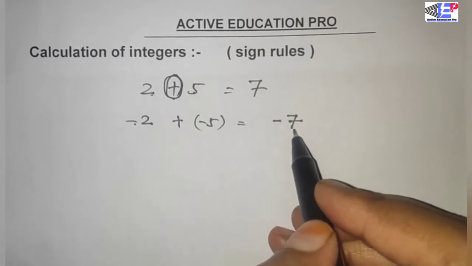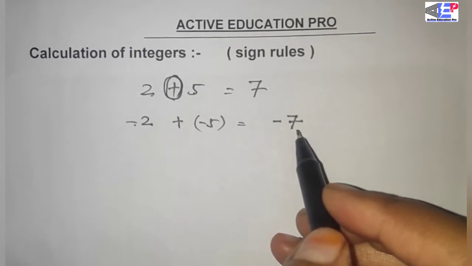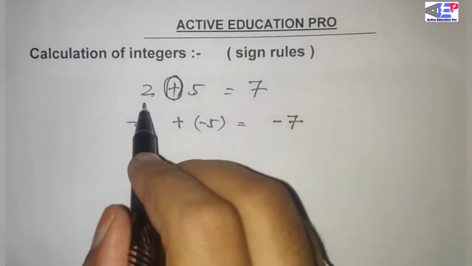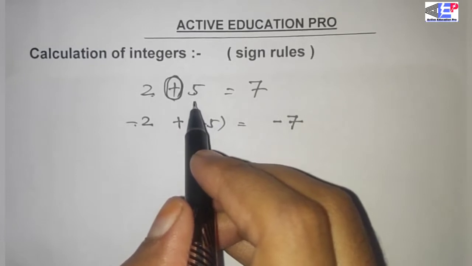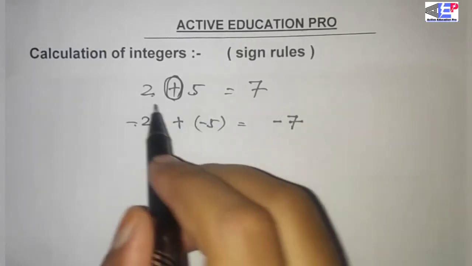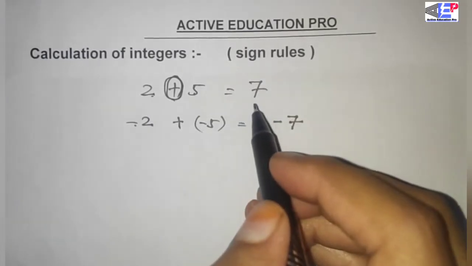So what is the formula, what is the procedure? Look here, you can add any numbers, you can add three, four or five numbers at a time, but there is one condition: if all the integers have the same sign, means all are positive integers, or all are negative integers, then the result will have the same sign.